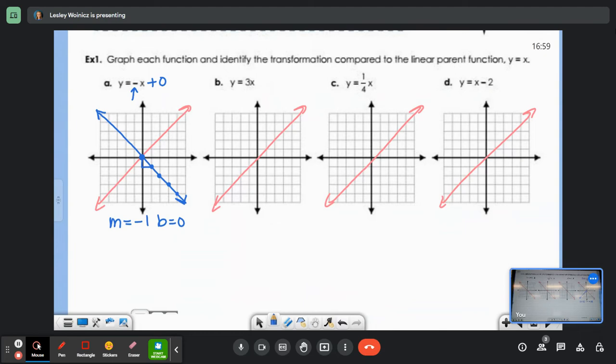Now I have to identify the transformation. That is a reflection in the x-axis.